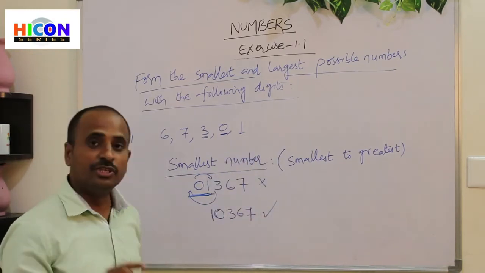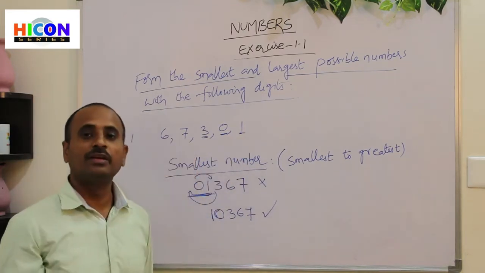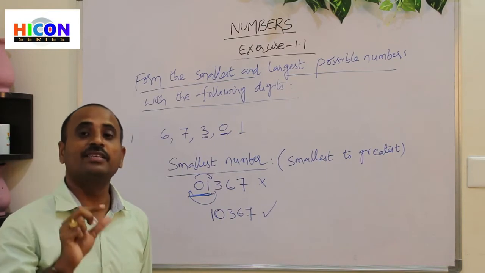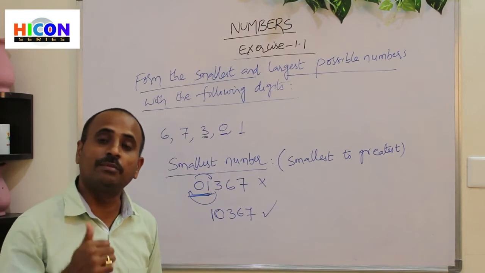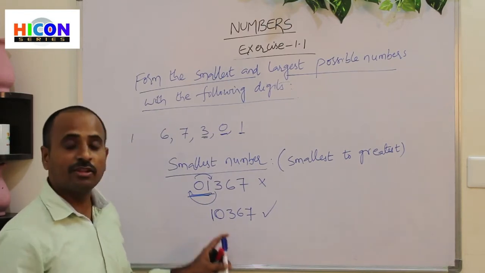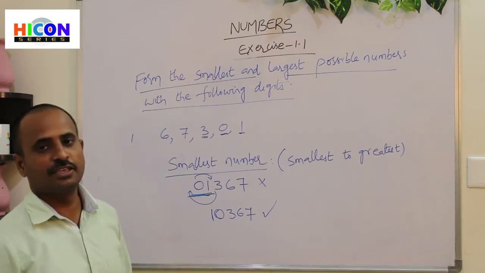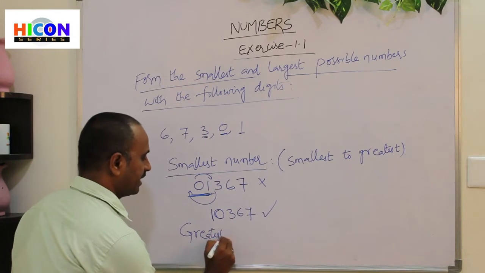If 0 is there in the given digits, while writing the smallest number, the 0 should be written in the second place, and the next smallest digit should be written in the first place. So the smallest number is 10,367.